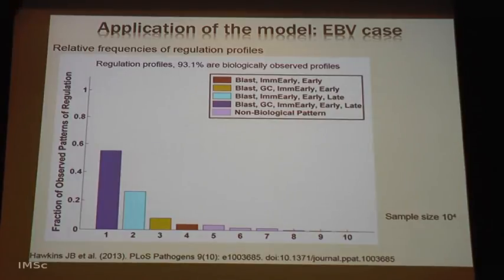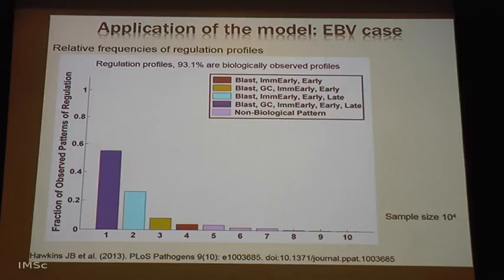So I'm representing this again here now telling you which are the specific stages of EBV infection that turn out to be regulated in those equilibria after interrogating the model. And what is interesting is that 93% of all the profiles that we got from this process of randomly extracting parameters from the cube are biologically observed profiles.